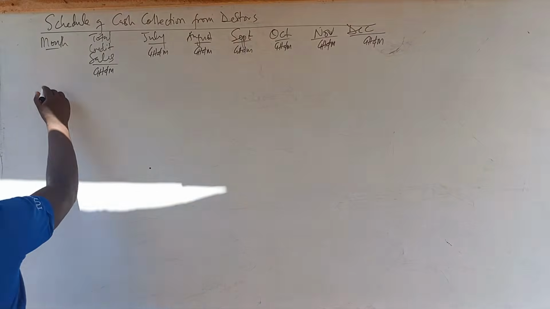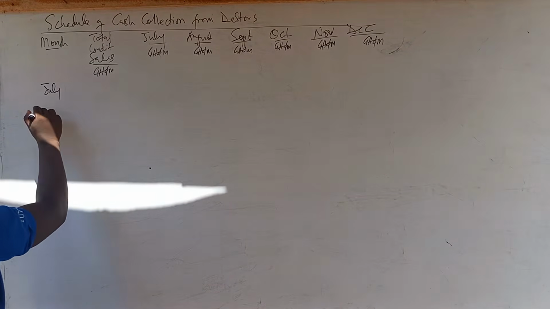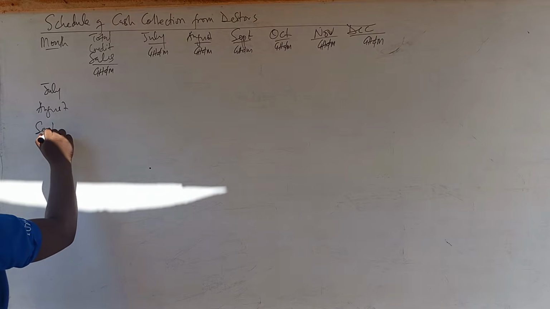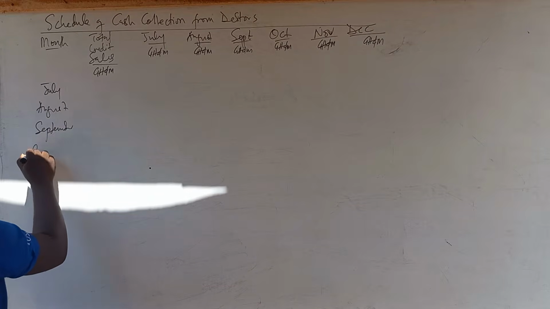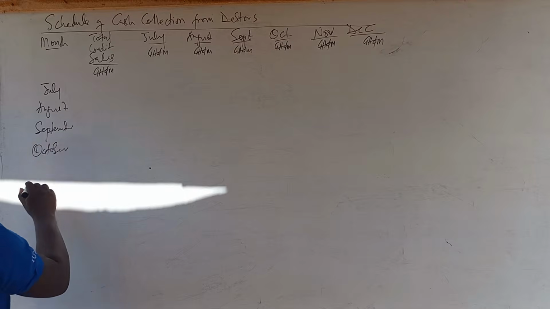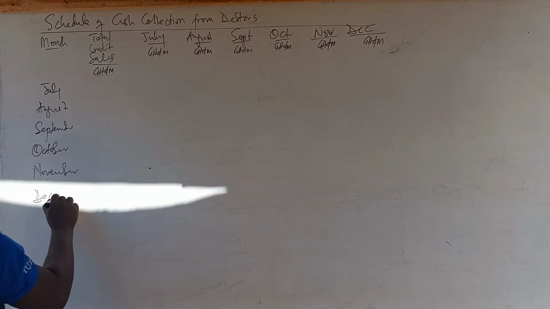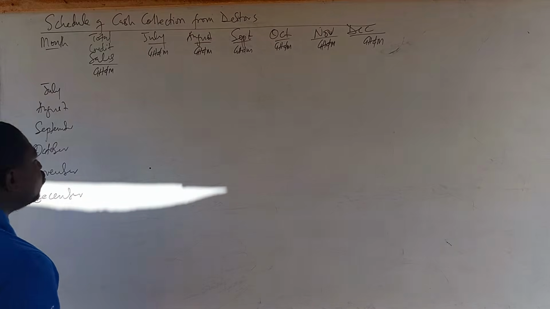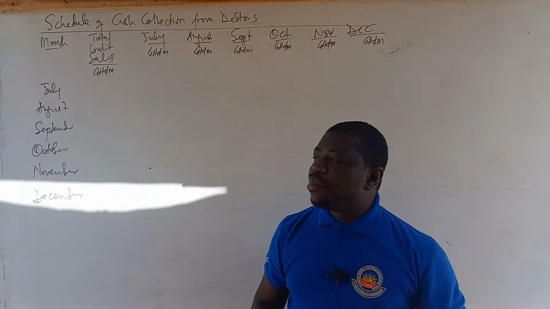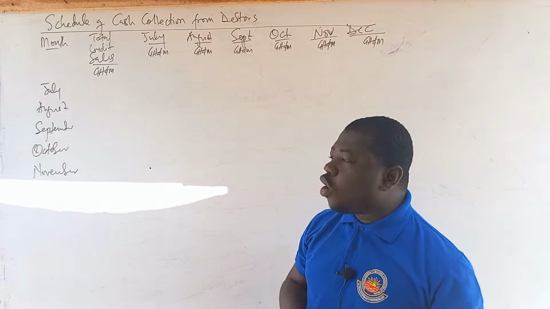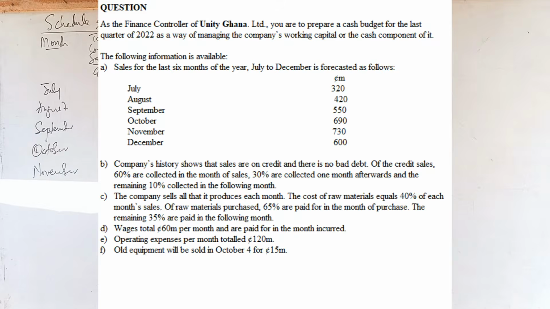This is what I mean by month. I will list them: July, August, September, October, November, and then December. After listing the months, you list their credit sales in front of them. In this case, we are fortunate that all sales were on credit, so we can go straight to the question.